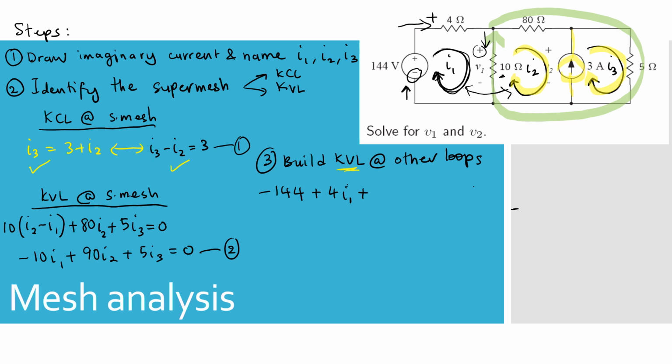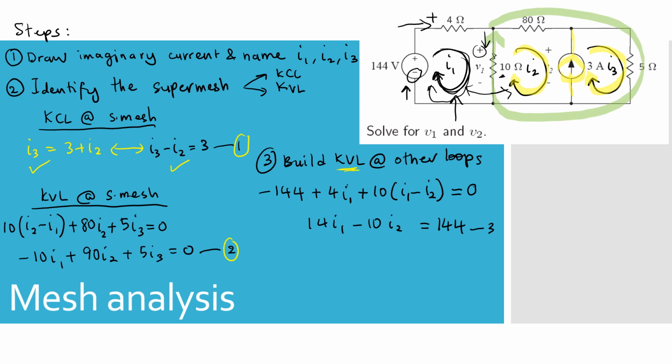This is a plus sign because of the current entering the passive element 10 ohms. So you have 10 into, because you're focusing on the I1 loop here, I1 minus, with the opposite 10 ohms shared with I2, close bracket. We have already finished our loop, so close it with 0.